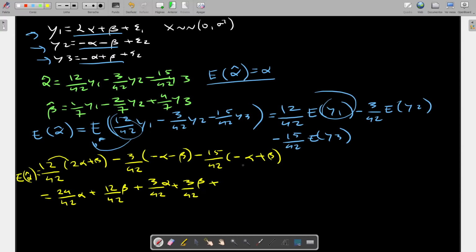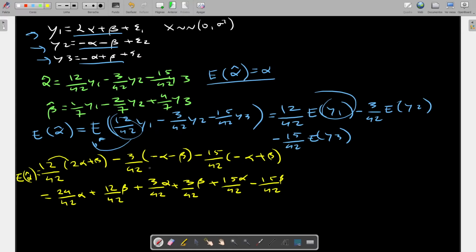Plus, minus with minus is plus, so plus 15 alpha divided by 42 minus 15 beta divided by 42. So we have to be in a situation where you will be canceling out all betas and being left with all the alphas, and in a situation where it's like 42 divided by 42 equals 1.